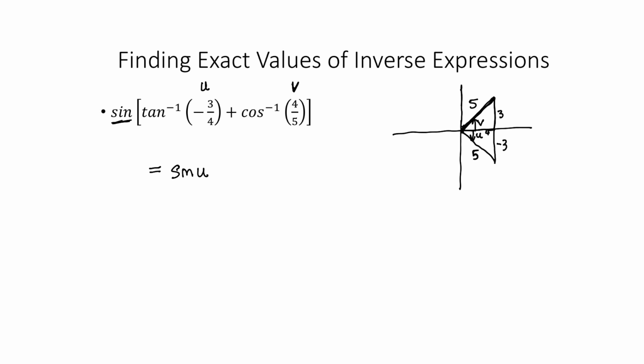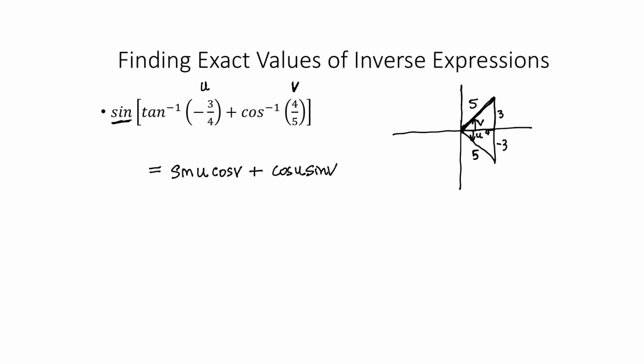We don't necessarily need to know them, because ultimately we just want to take the sine of their sum. So if we add these two angles together, what would be the sine of that result? So sine of u, cosine of v, and then with sine, our signs match up. This is an addition, so we would use plus here. And then we go cosine u, sine v.